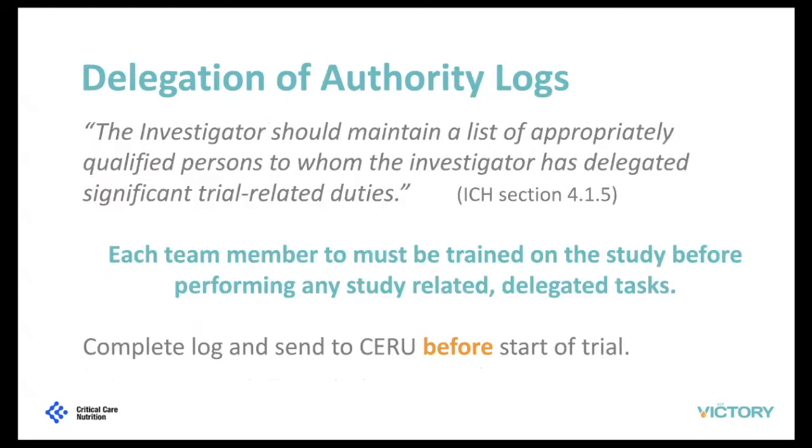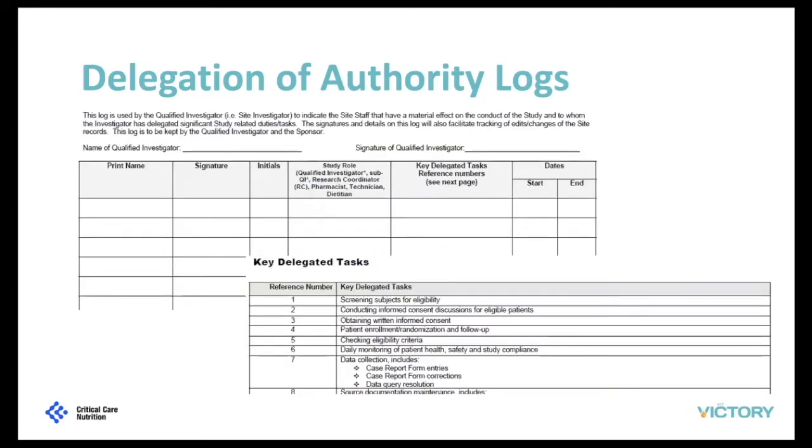This is the process by which we enable other people to participate in all of those duties, all of those trial tasks and responsibilities. We delegate to them, and there's documentation to support that. And you would have received these, you would have used them probably before in other trials that you participated in. And so we identify the person, their task, and their training, and their start and end date.